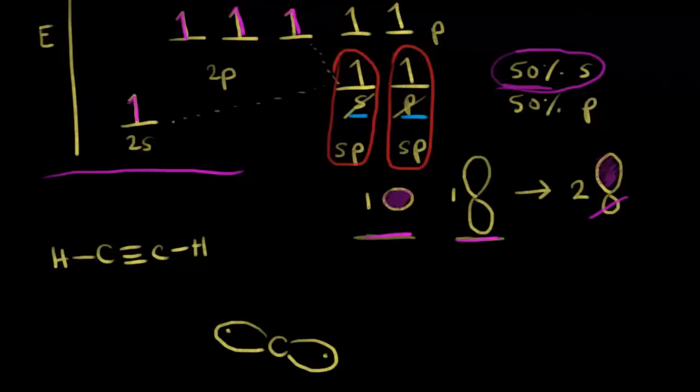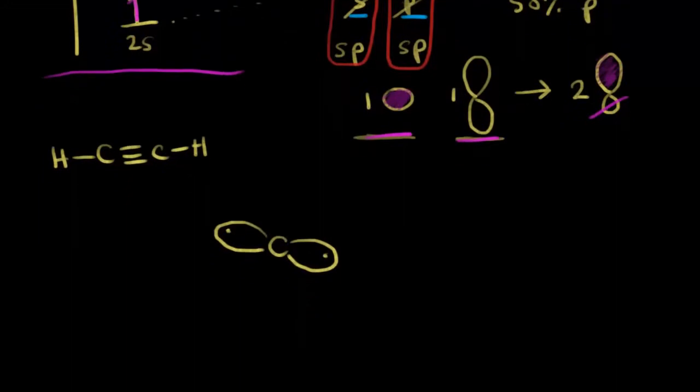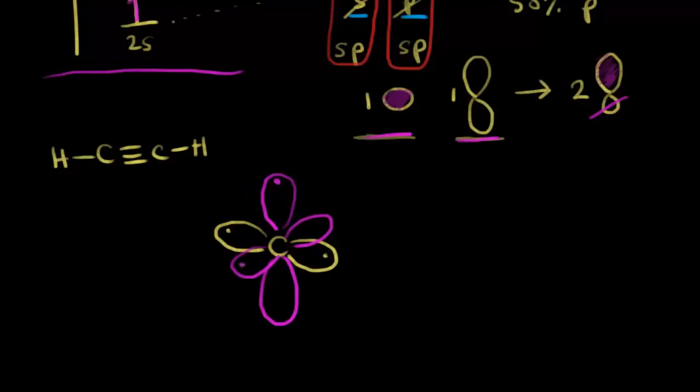And also notice, if you're dealing with an sp hybridized carbon, you also have 2 unhybridized p orbitals, each p orbital with a valence electron. So let me go back down here, and I'm going to draw in 1 p orbital with one valence electron, and then here's another p orbital right here with another one of those valence electrons. So now we have our picture of an sp hybridized carbon.